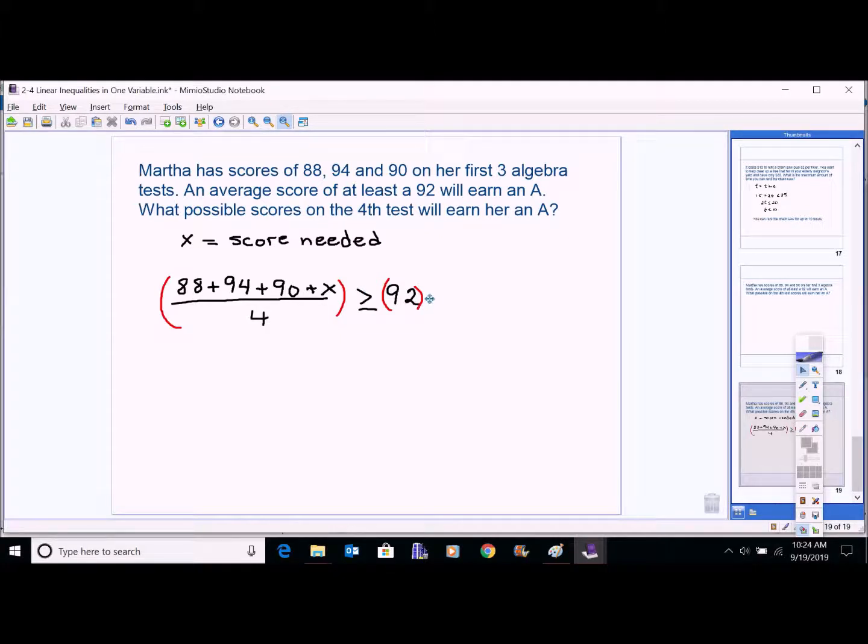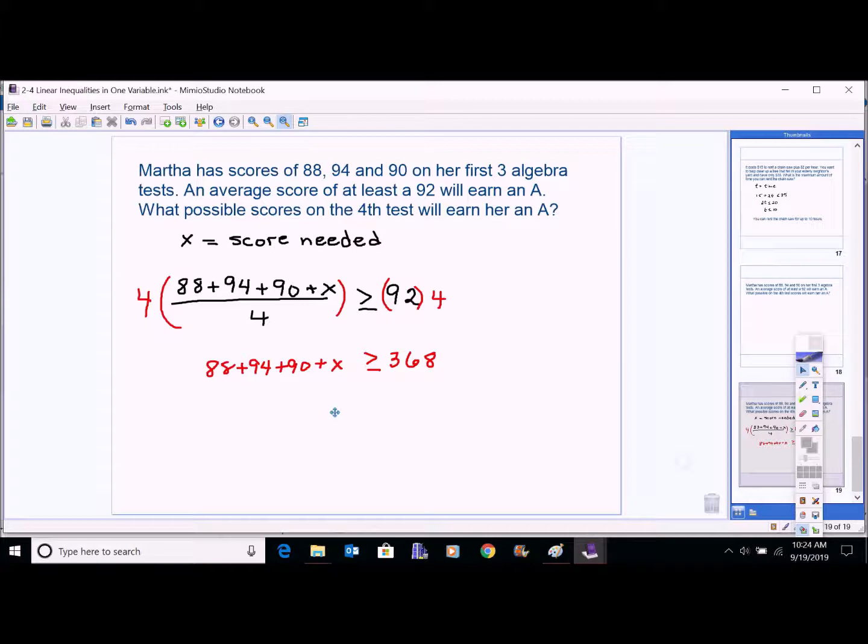So when you do that, you multiply both sides by 4. It's going to make this 4 cancel out, and the other side becomes 92 times 4. And so we get 368.